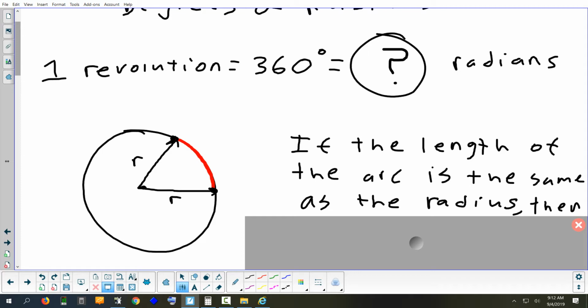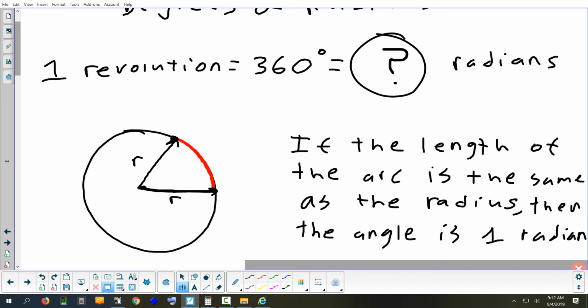It's an arc, so it's hard to use a ruler to measure it, but if you took a piece of string and laid it right on top of that arc in red, and then brought it over to a ruler and straightened it out and measured how long it was. And then you took a ruler and measured the length of the radius. If the arc in red and the radius in black came out exactly the same, then you have just drawn a picture that is 1 radian.